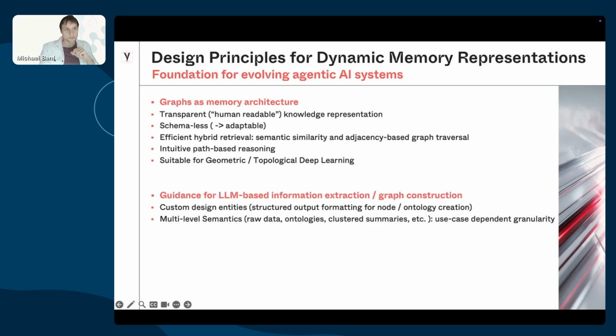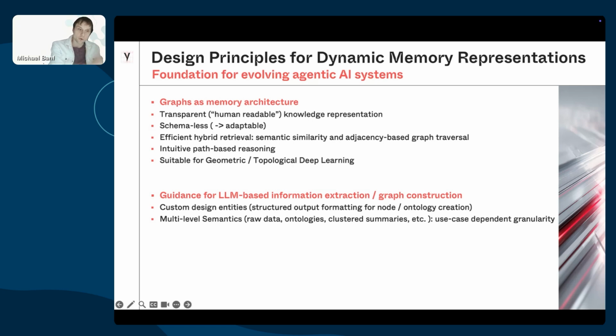As I mentioned, they're by nature suitable for geometric and topological deep learning aspects that we can integrate into our retrieval tasks. The second principle, after selecting a suitable memory architecture, is to spend effort on building a guidance design for the LLM-based information extraction as we construct the graph, our memory structure. What stands out is the capability of using structured output formats when creating our nodes and ontologies, building custom-designed entities, and designing multi-level semantics.